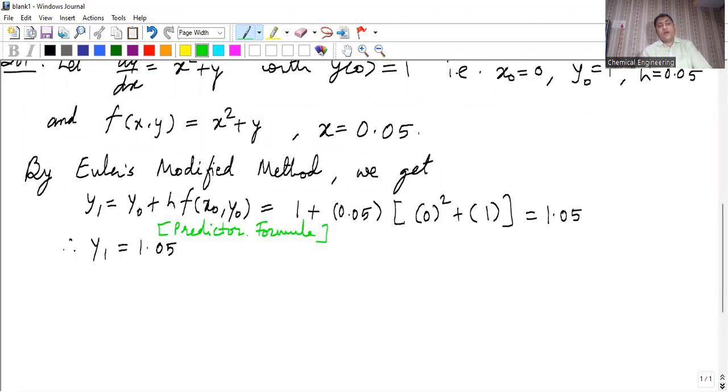Now think of the correction to this term. We know the value is nearby 1.05, but we have to improve the accuracy of this value.